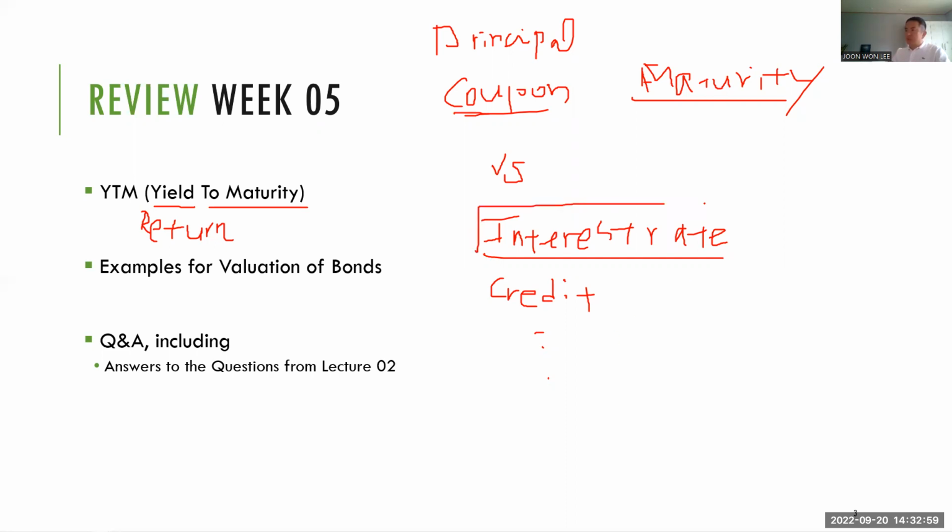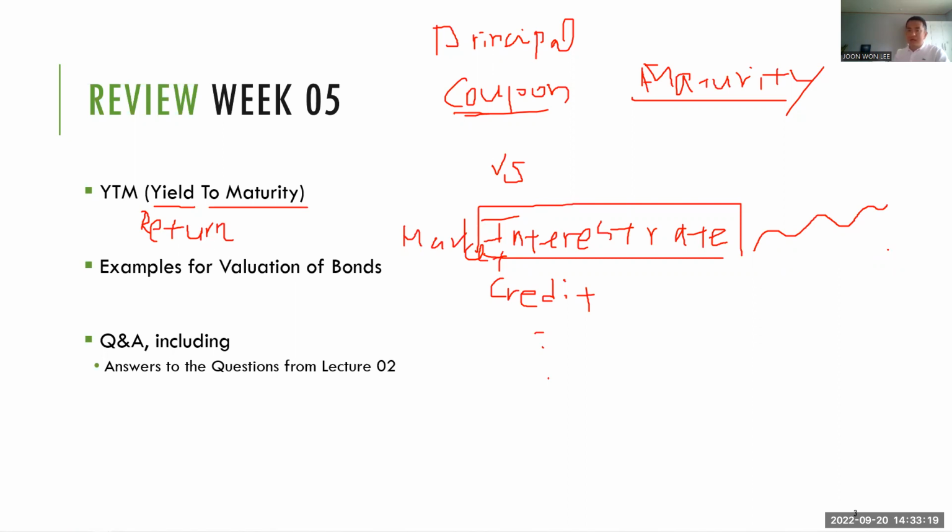So the market interest rate already changes. It always changes depending on the economic conditions, right?